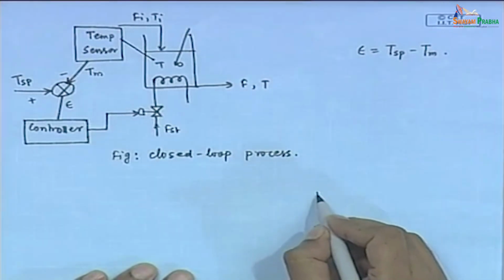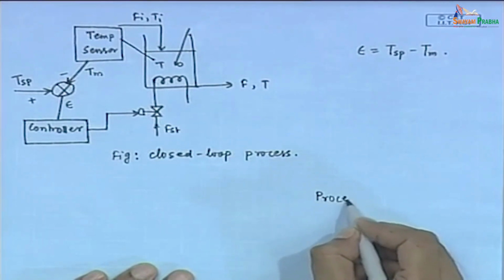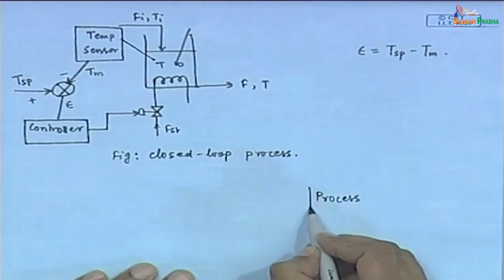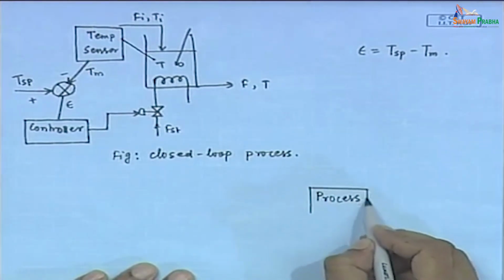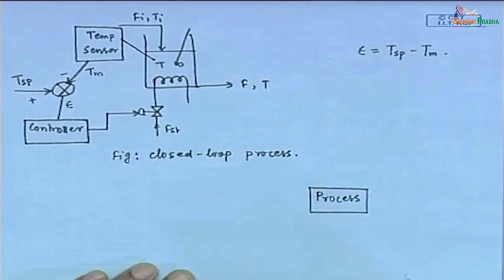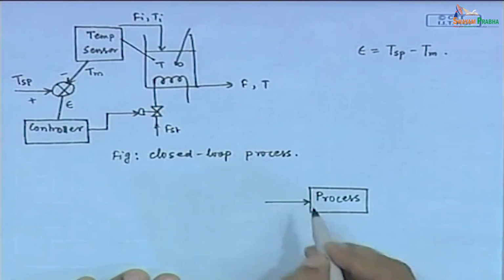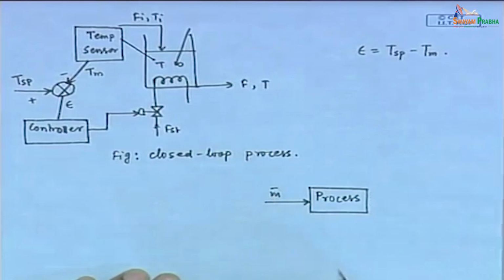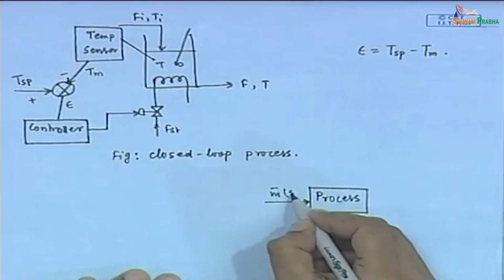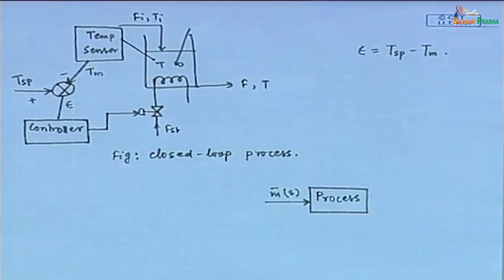So, we will consider a block for a process. This block is representing the process. Input to this process is suppose m bar s, that is nothing but the final control element output.